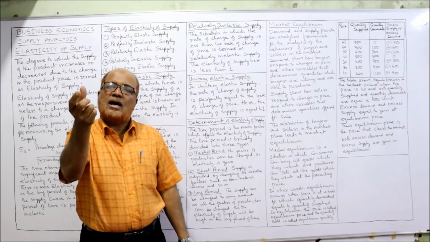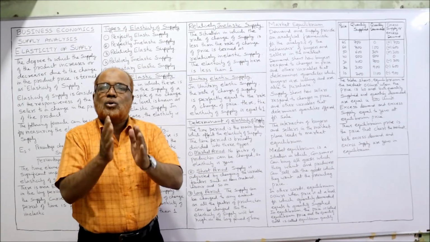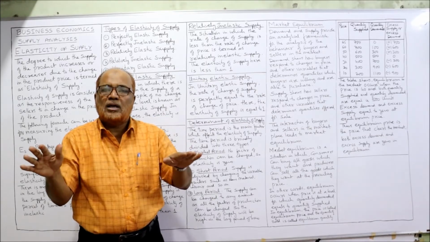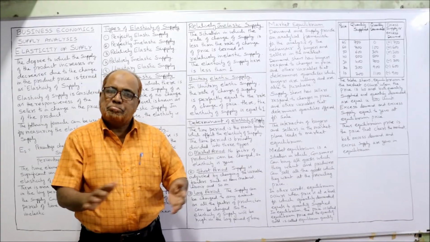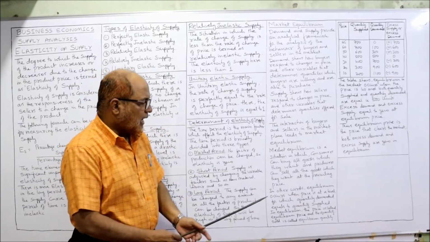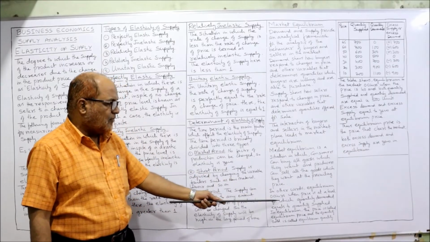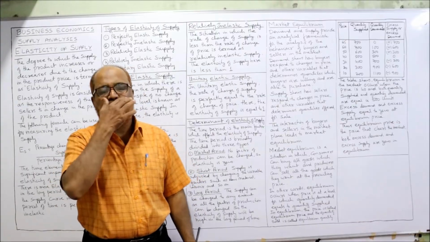At that given price at which all the suppliers are supplying and all the buyers are buying, total supply and total demand are both equal. The market will be at equilibrium. In other words, equilibrium occurs when price is at a level for which quantity demanded equals the quantity supplied. Very simple.